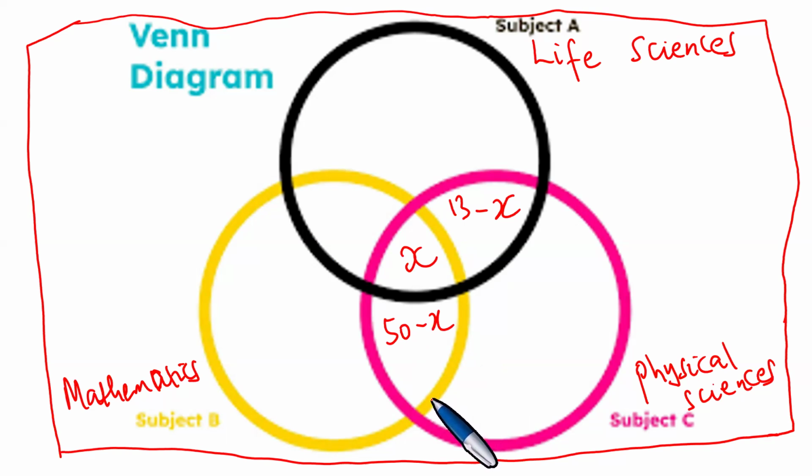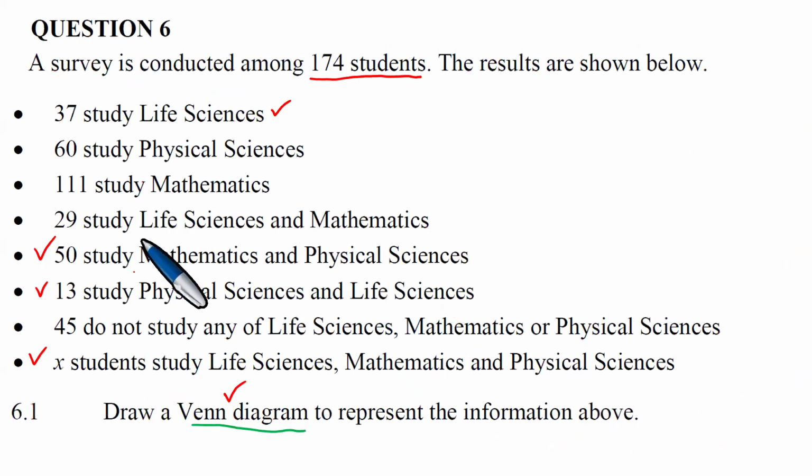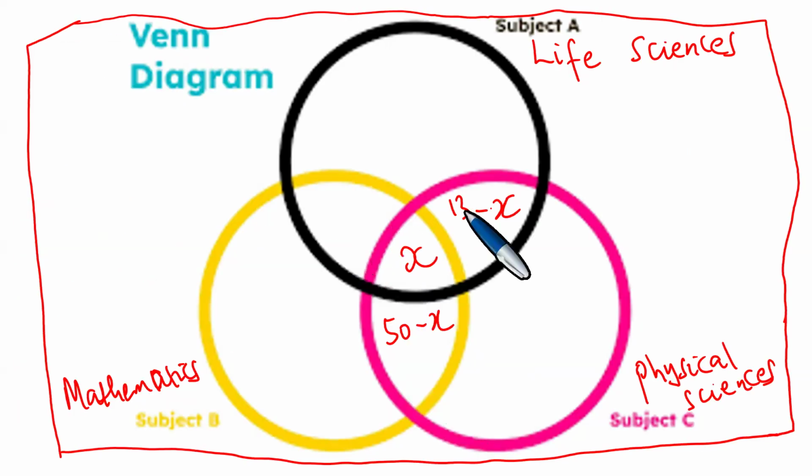So we continue as follows. Next. There are 29 who study life sciences and mathematics.